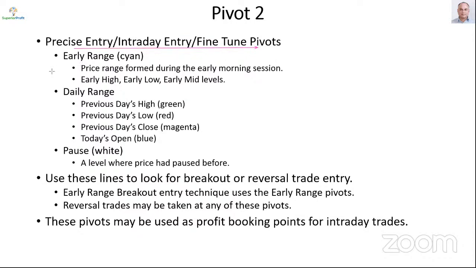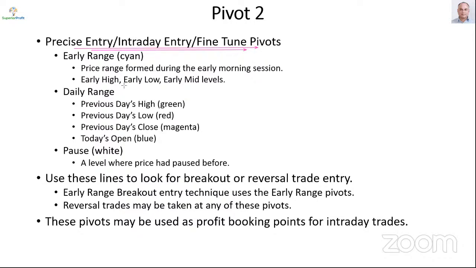We have different pivot levels. Intraday, we have two charts actually with pivots. One is the traders pivot: R1, R2, R3, S1, S2, S3. Those are the traders pivot intraday chart on the short-term pivot template. And then we have the fine-tune or intraday entry or precise entry template.